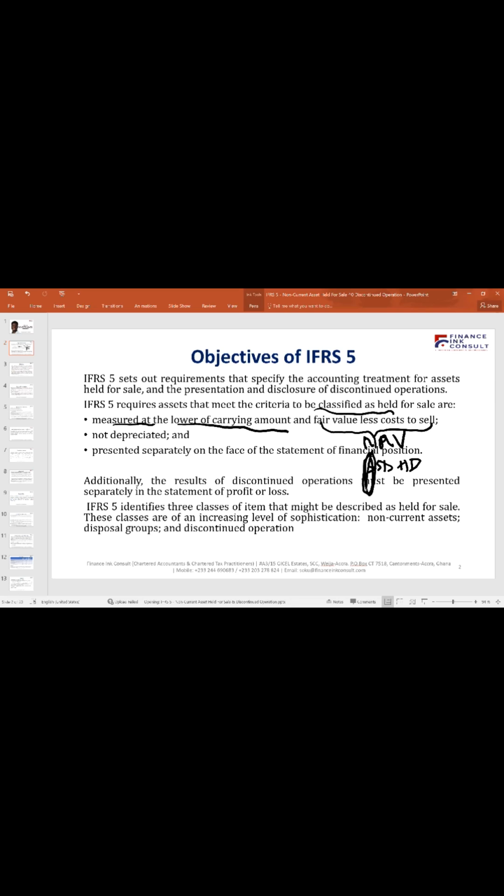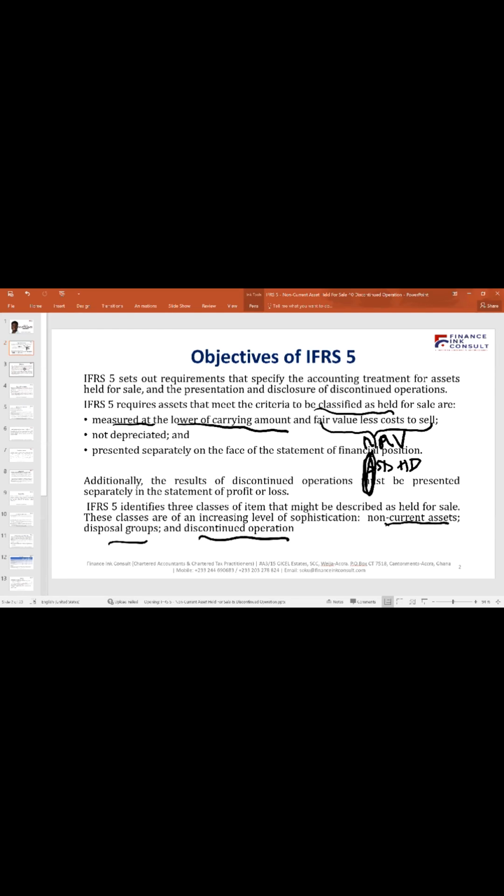So this standard covers that. So non-current assets held for sale and also what? Your discontinued operations. IFRS 5 identifies three classes of items that might be described as held for sale. These classes are of an increasing level of sophistication. So we are looking at non-current assets, disposal group, and discontinued operation.